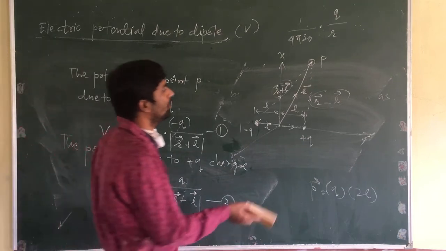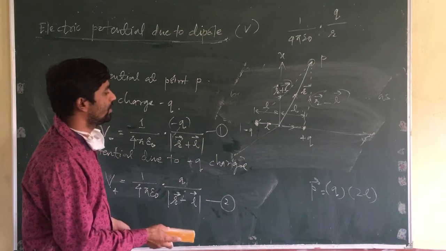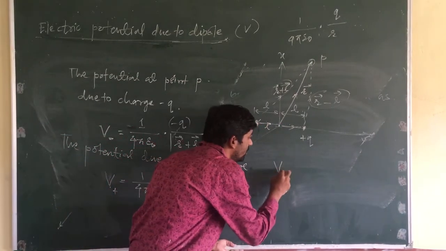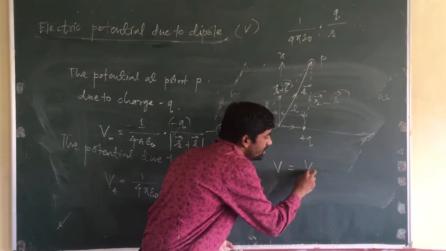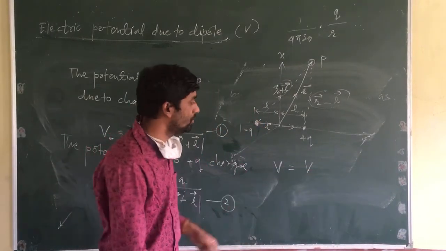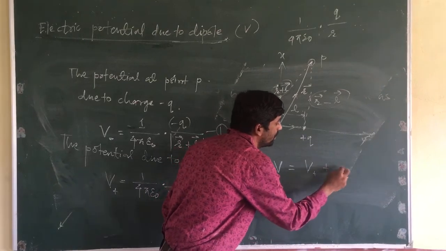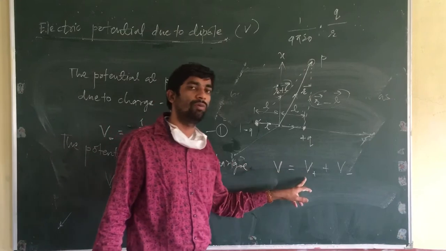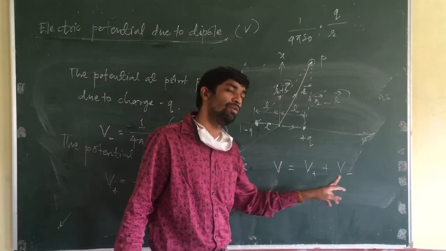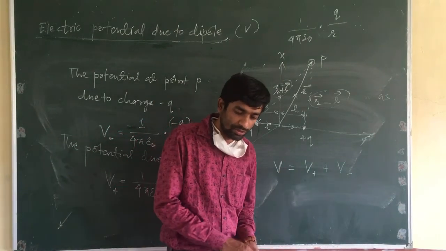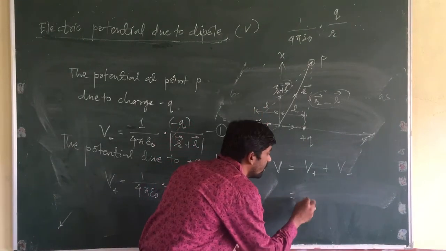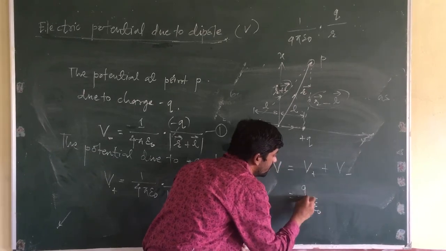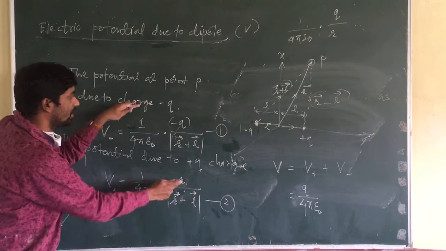Then what is the total potential? The total potential V is equal to the potential due to the positive charge plus the potential due to the negative charge. If you substitute the values, you will get the expression in this way. 1 upon 4 pi epsilon naught q, this quantity is common.